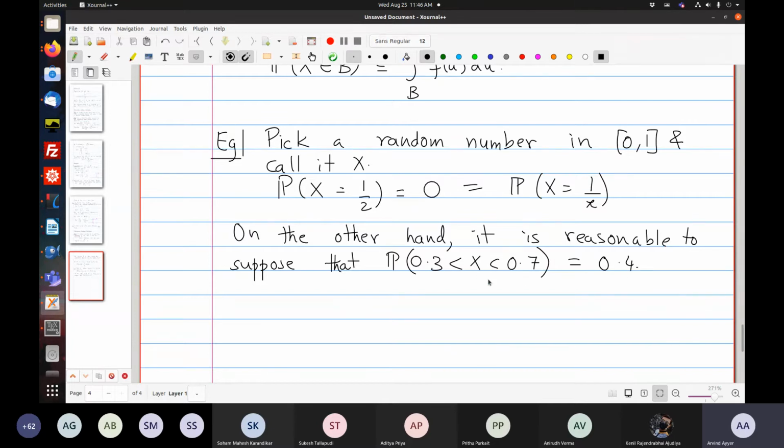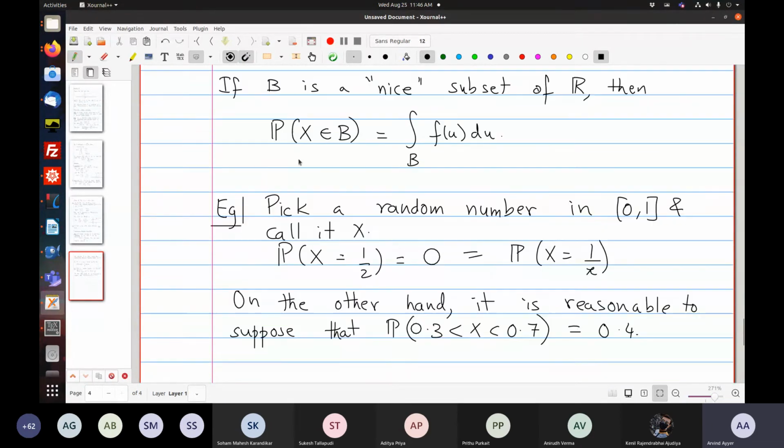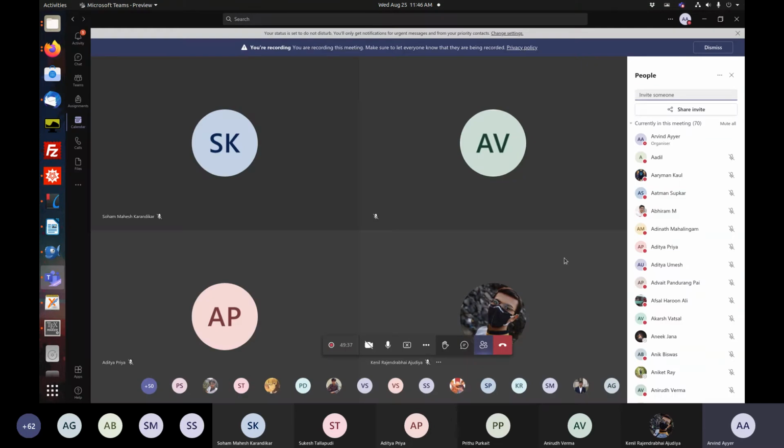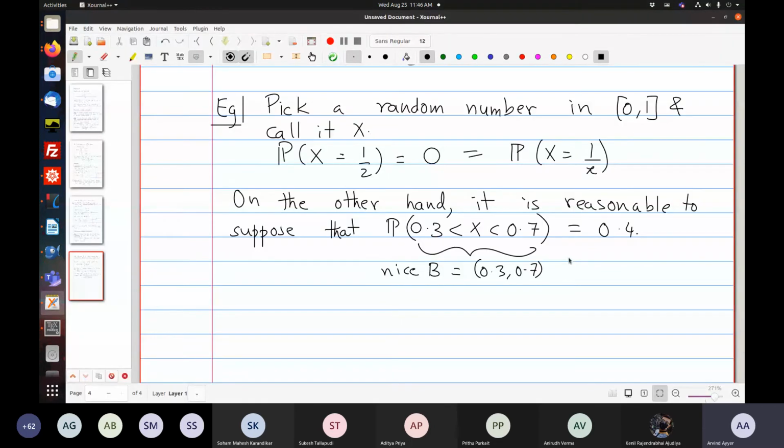This should be the length of this interval. So I can talk about events, which means I can talk about subsets. This is an example of B, where B equals 0.3 to 0.7. So this is an example of a nice B.